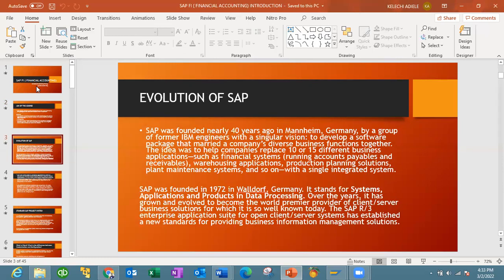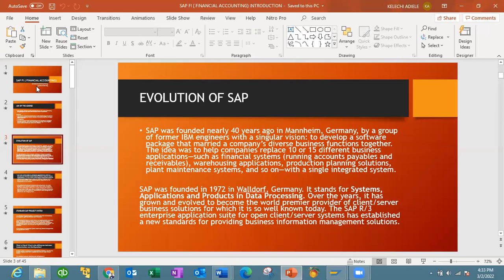Now SAP was founded nearly 40 years ago in Germany by a group of some IBM engineers. Basically, before SAP, business processes were happening in different parts. Just imagine that as big as Shell is, accounts payable is managed by one software, procurement is managed by another software, sales is managed by another software, just like that.